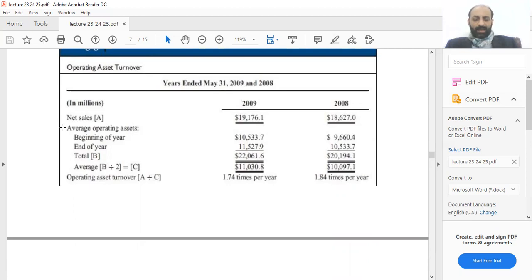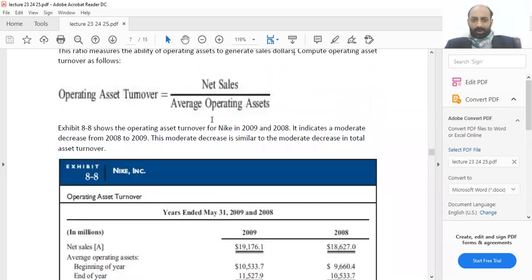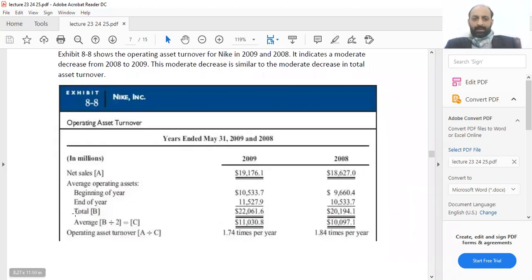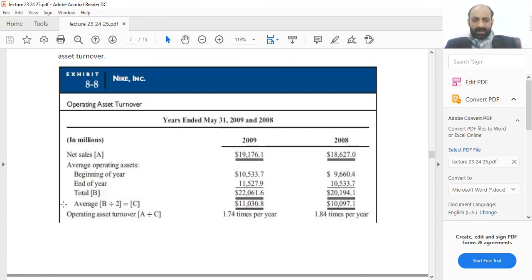So we have the net sales. Then since we have to use the average operating assets, we take asset value at the beginning of the year and at the end of the year, and we calculate the average using these two, and then we divide net sales by that figure.